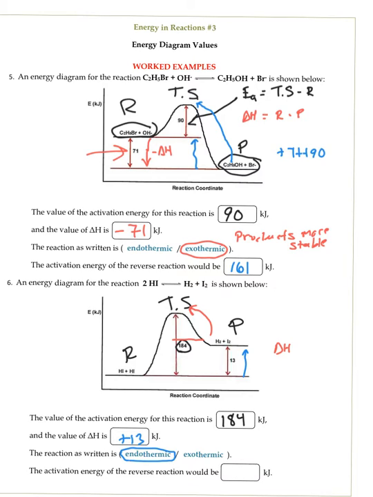To get our activation energy for the reverse, what we want to do is take our initial activation energy, so our activation energy for the forward reaction, and subtract our delta H. And so we're going to take 184 minus 13, and so we're going to end up with 171 kilojoules for this particular example.